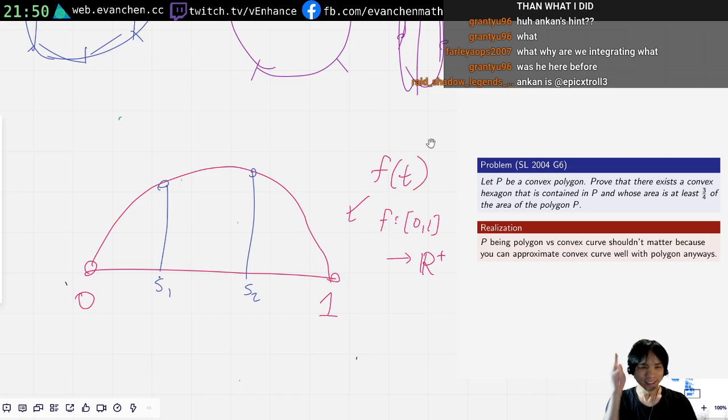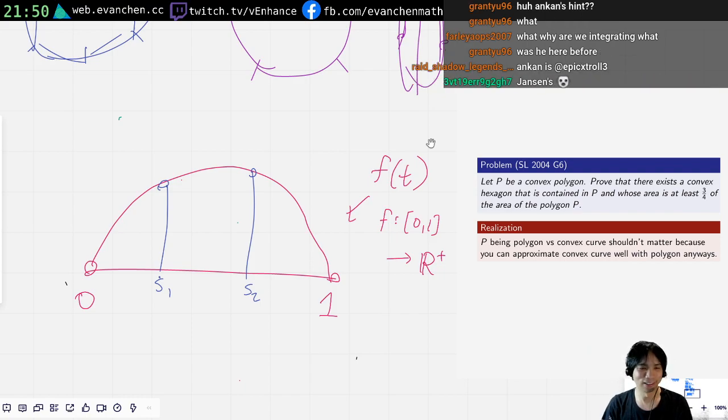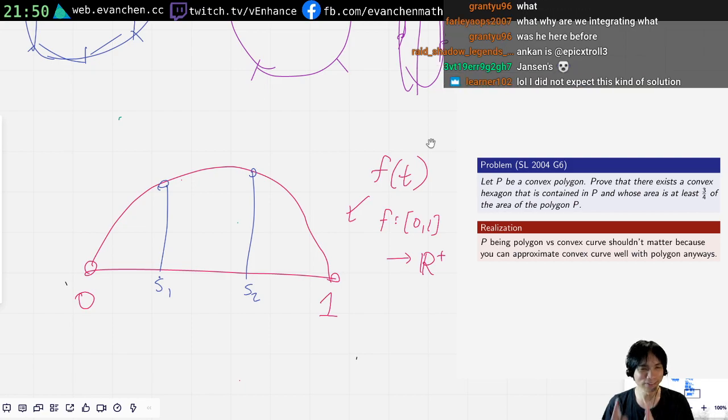oh, here's a thought. What if I just divide the areas into roughly thirds? If I pick S1 and S2 so that it's 1/3, is it true that I get enough? Because it seems like I should get enough. I feel like it should be enough. So I want to pick F such that, let's just call it A and B, such that the area, we're going to assume without loss of generality, the integral of f(t) from 0 to 1 is 1.